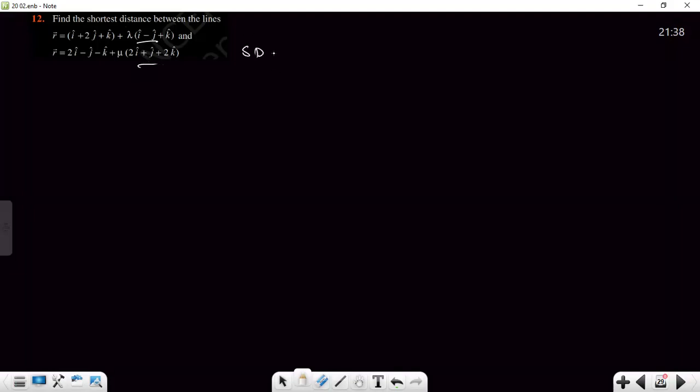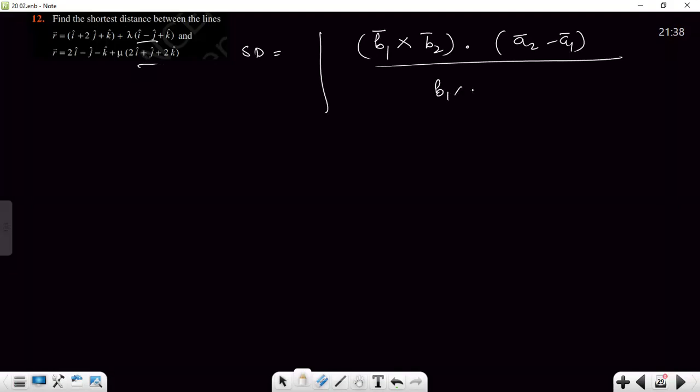So the formula for shortest distance is B1 cross B2 dot A2 minus A1, divided by the magnitude of B1 cross B2. So we need to find B1 cross B2 and A2 minus A1.